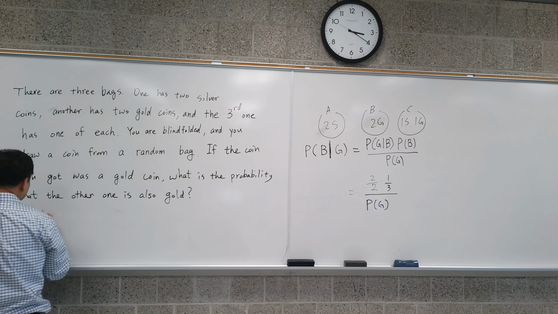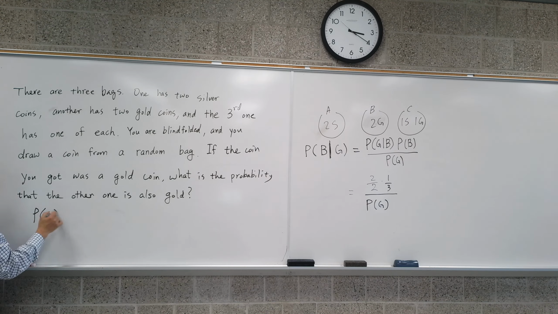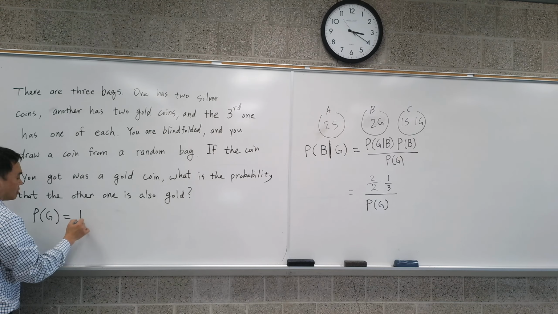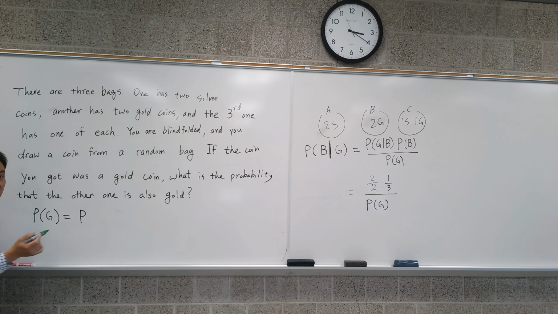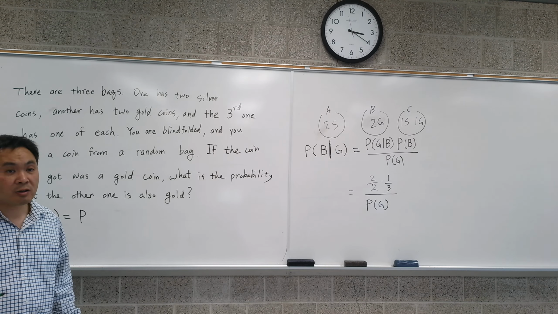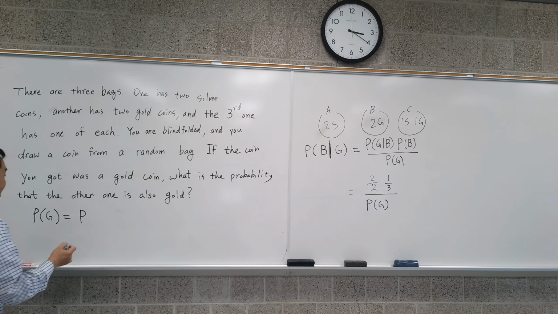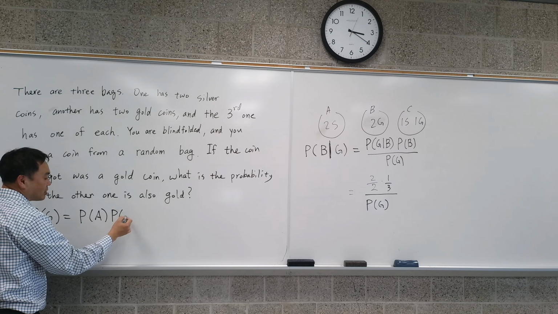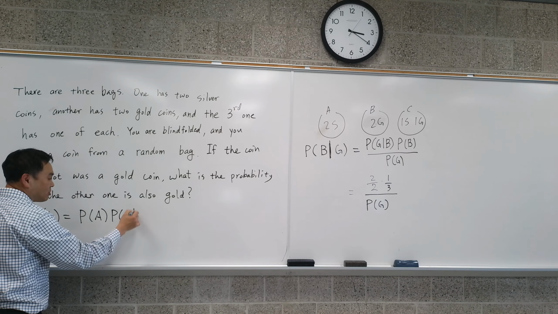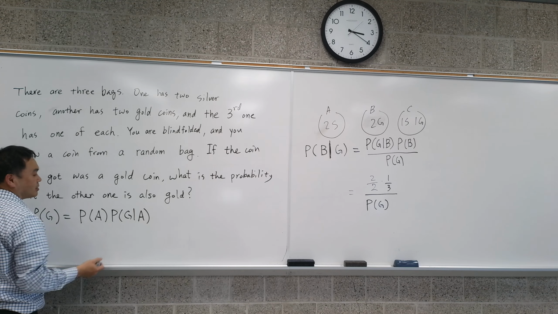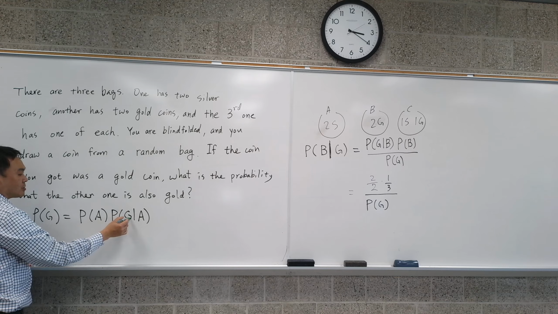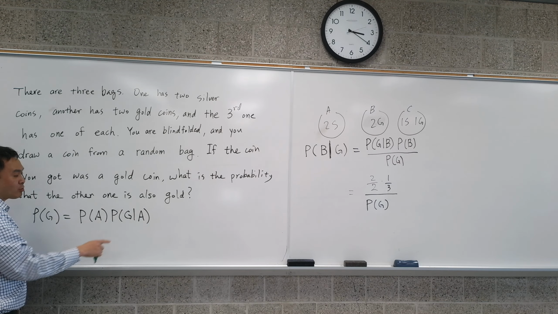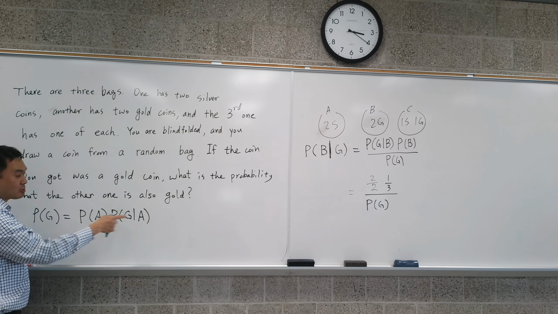The probability of getting a gold is the sum of three probabilities. So there are three cases, right? What if you chose bag A, and then you multiply by getting a gold if you choose bag A. So there could be this case. Of course, this is 0, so this will just come out to be 0.